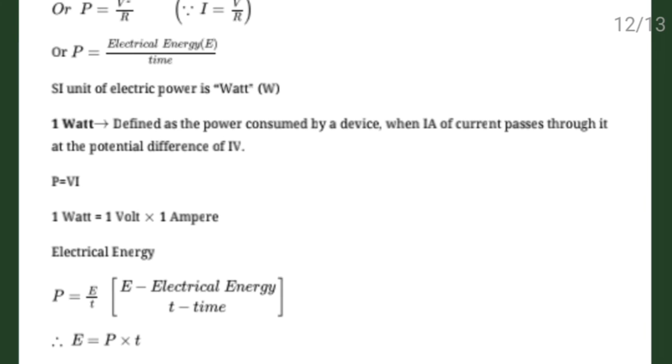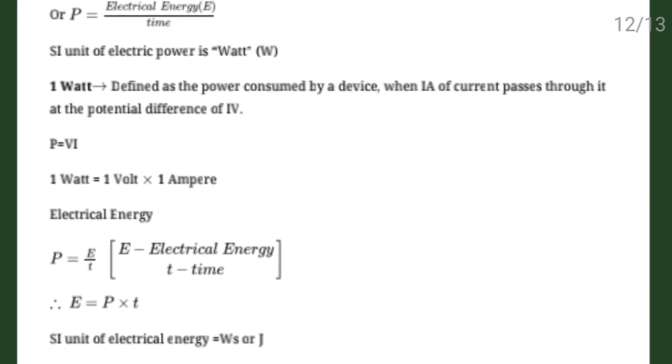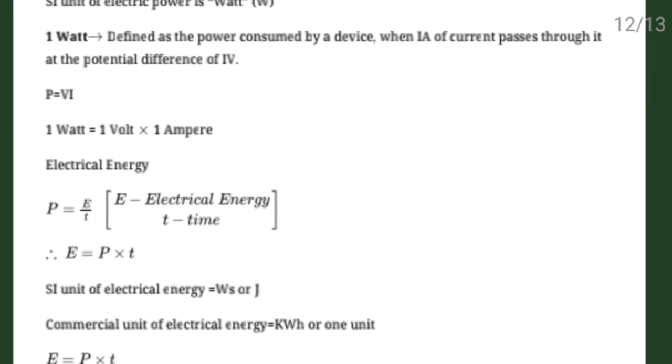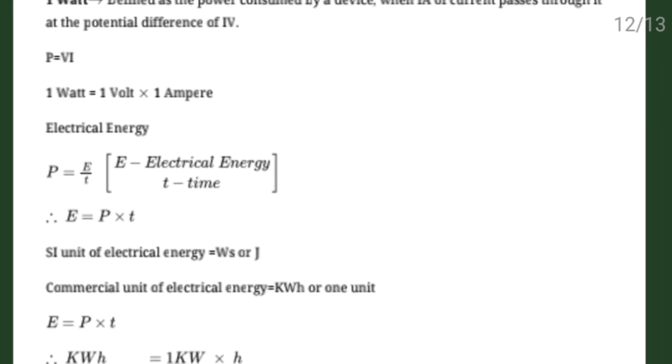So electrical power P is equal to E by t, which gives E is equal to P into t. Therefore, energy is power into time. The SI unit of electrical energy will be watt second, or joule. Okay. The commercial unit of electrical energy is the kilowatt hour, or 1 unit, E is equal to P into t.